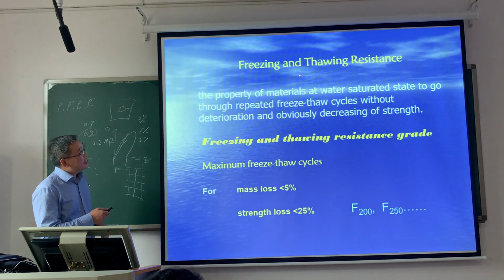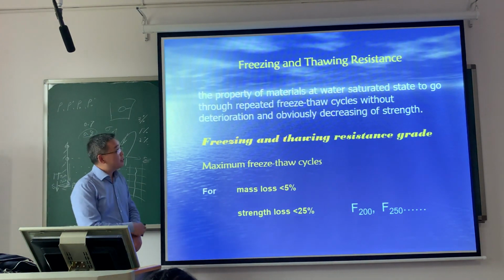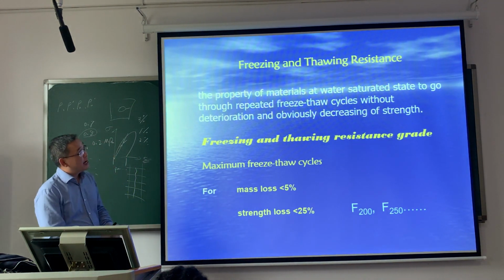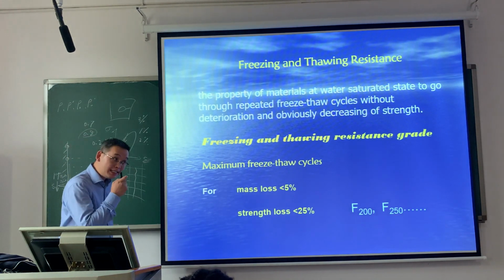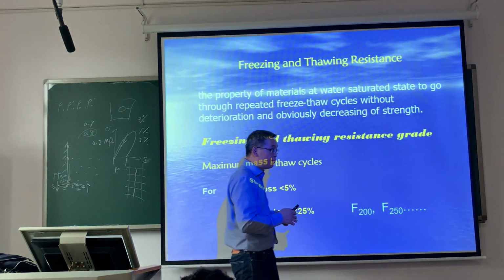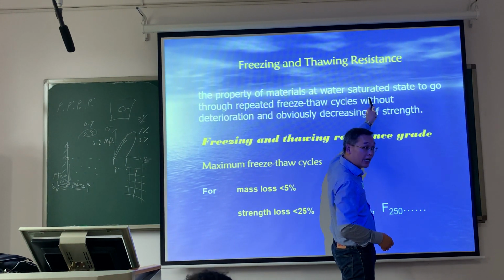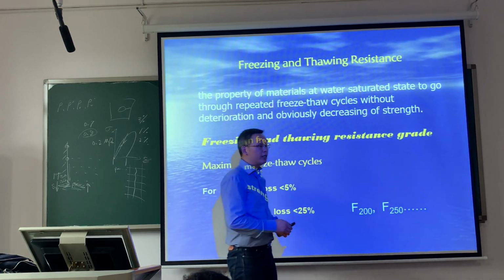And then is the freezing and thawing resistance. This is the property of materials at water saturated state. So in this definition, first we need to pay attention to this condition: saturated state.